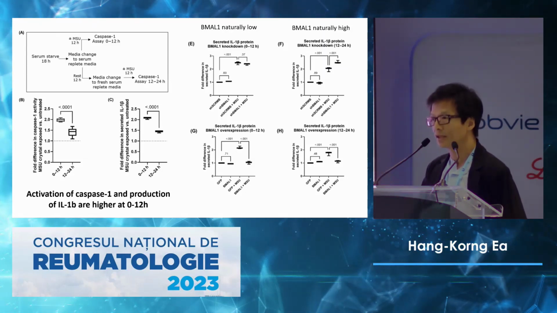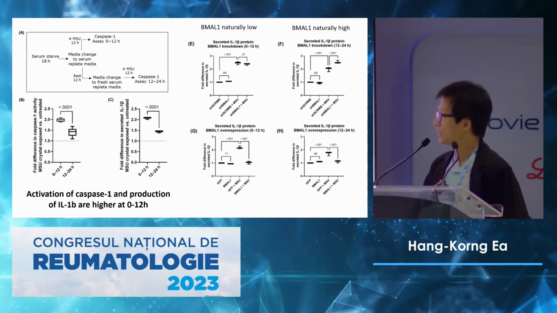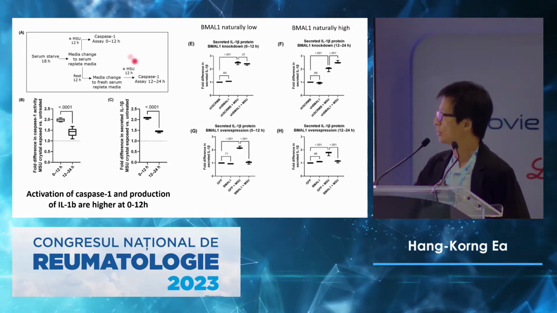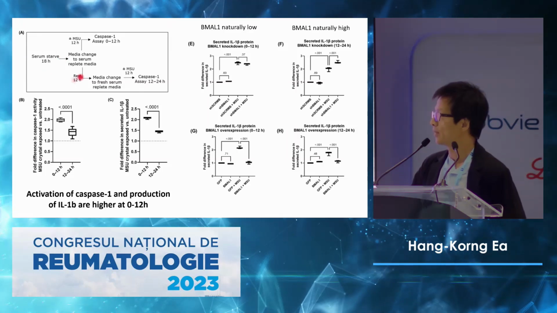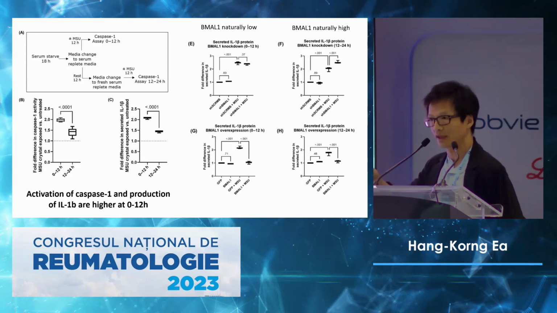So we assessed with cellular models whether the crystals, by modulating this circadian clock, are able to modulate the inflammation. To mimic the circadian clock, what we did is to culture the cells without serum. When we culture the cells without serum, we synchronize all the cells in the dish.